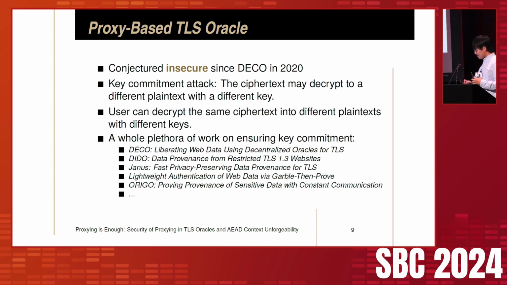So ever since then, there has been a whole lot of work to ensure key commitment, to ensure that such an attack does not exist in our proxy-based TLS oracle. We have DECO, which is obviously the opening work of the field. We also have people trying to do a lot of MPC stuff, like garbled circuits, and so on and so forth.